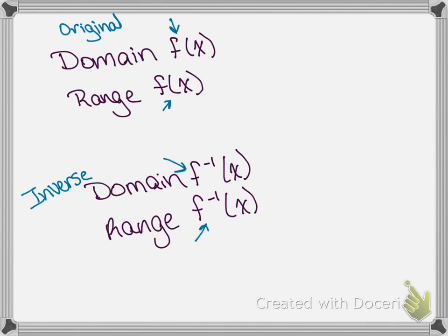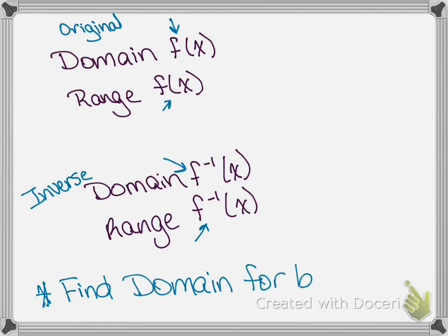What's the difference between the f of x at the top and this? Good, that's read f inverse of x. So when you are asked to find the domain and the range, you need to find the domain for both. You've got to find the domain for my original function and find the domain for the inverse function.